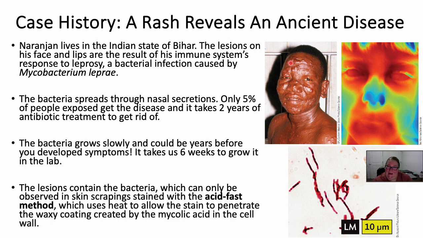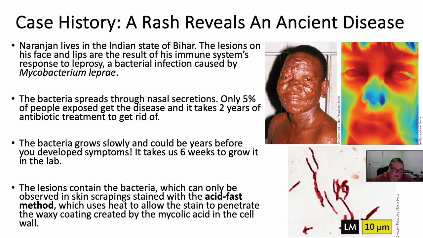For us to grow it in the lab in ideal conditions, it takes us up to 6 weeks to grow it. So this is not one of those diseases that is going to be proven with a quick test of growing it on the petri dish and in samples.